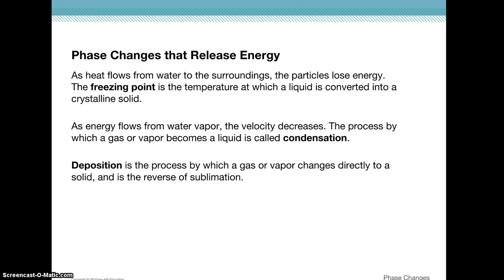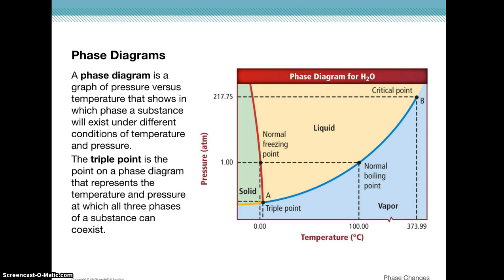So the freezing point is the temperature at which a liquid is converted into a solid. So to make those particles slow down enough so that they can stop moving around and be held in one spot, energy would need to be released from the molecules. Condensation and deposition are also phase changes that release energy.